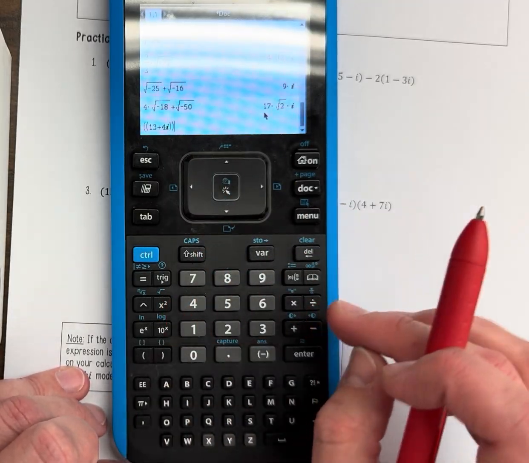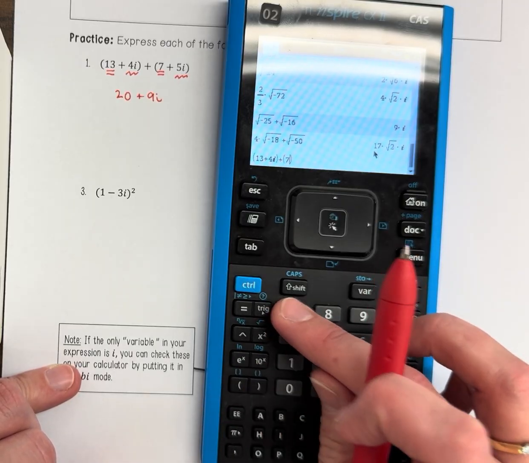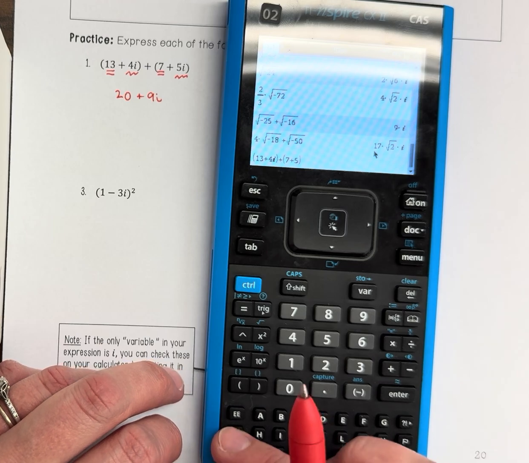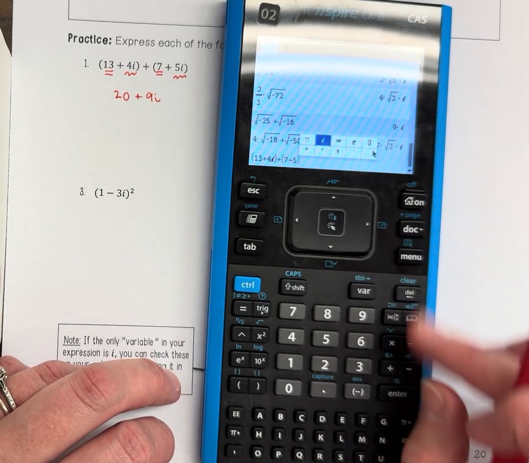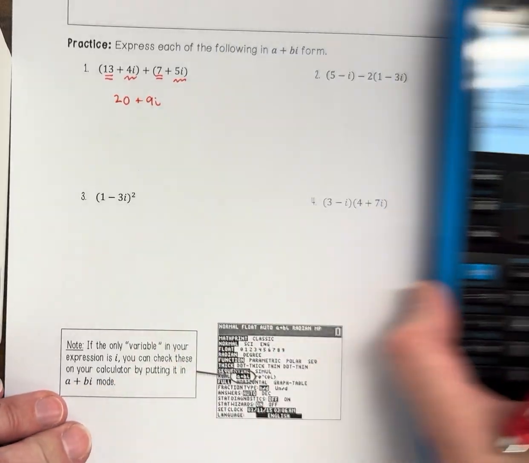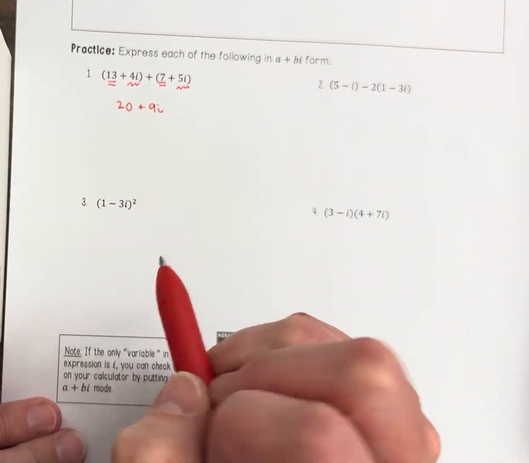Then you close your parentheses. Whoops, I did too many. And then plus another set of parentheses, 7 plus 5. And then there's your i again. So we've got 20 plus 9 times i. 20 plus 9 times i is what we got anyway.